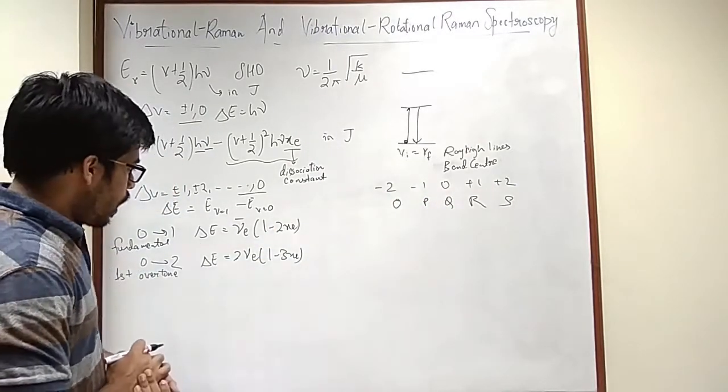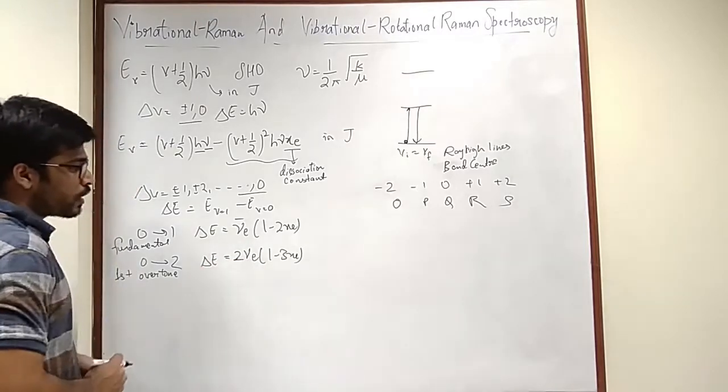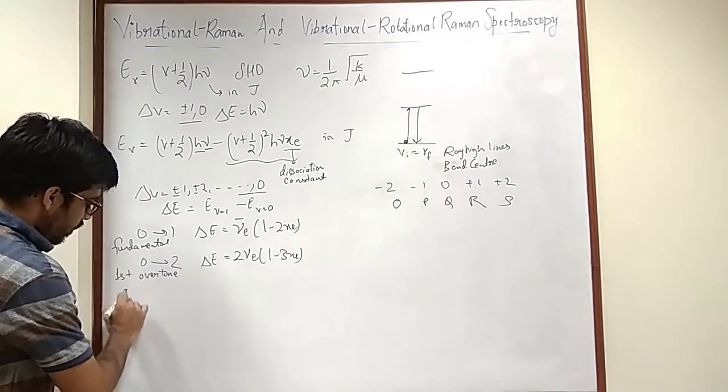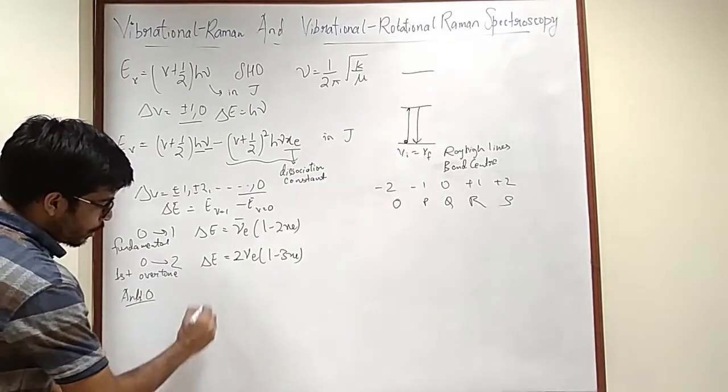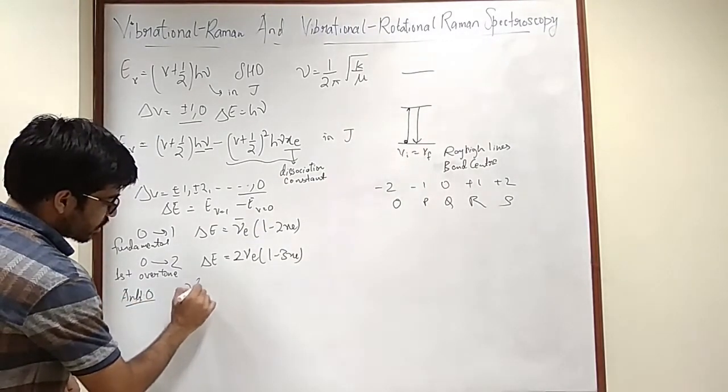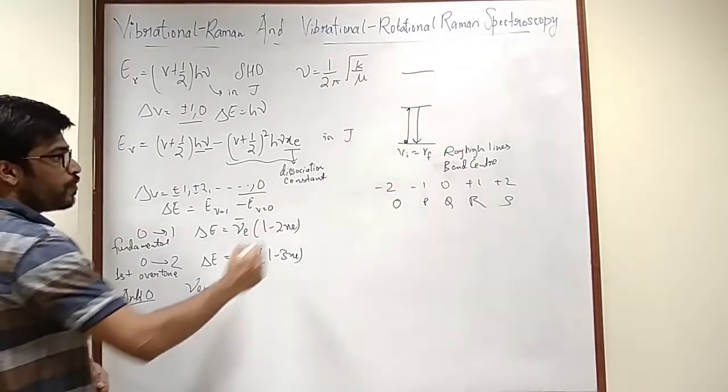Okay. So in this case, what is going to happen? I'm considering the case of the anharmonic oscillator. What we are going to get is, let's say nu excitation is the energy which is provided.